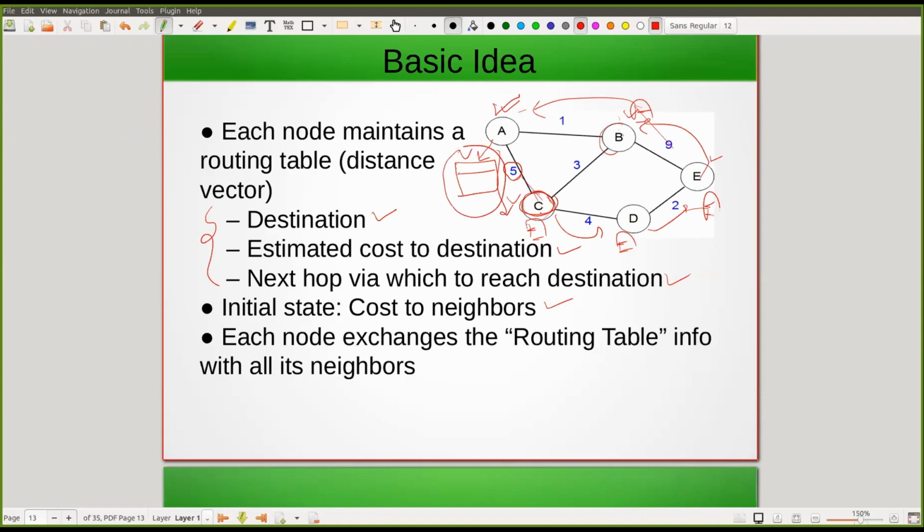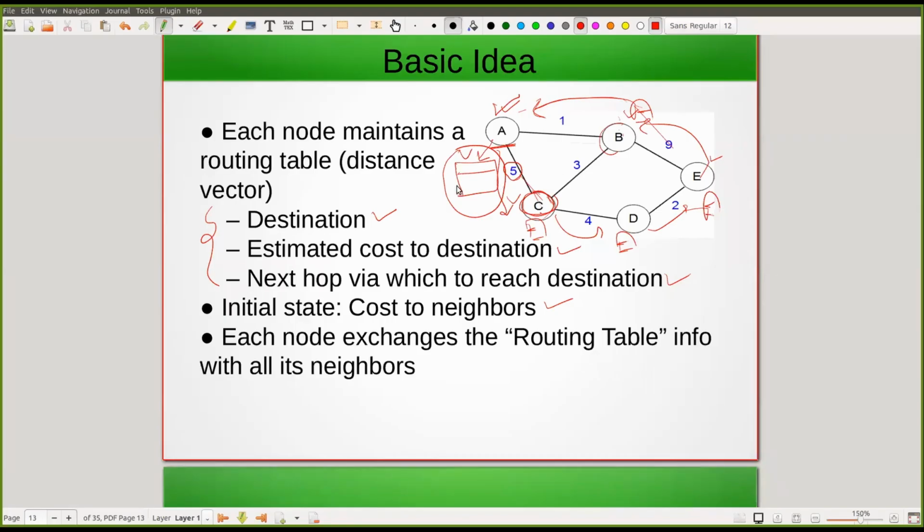That is the main important point to understand, to calculate the route to a particular destination. Whenever somebody receives the distance vector from its neighbor, based on the Bellman-Ford equation, it finds the minimum path to a particular destination. After a few iterations of exchanging information, everybody knows the cost of going to every other node. That is the basic idea of how this distance vector routing algorithm works.